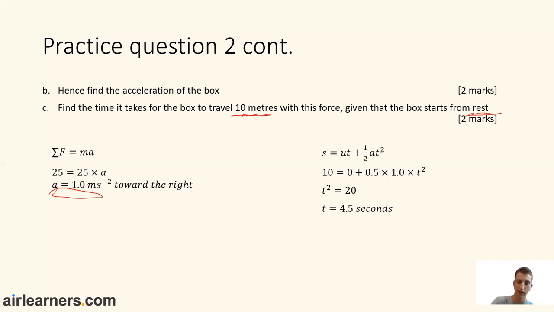Again, the significant figures means we can give 2. In terms of mark allocation, the first question you probably get 1 mark for these two steps here, and then 1 mark for the answer. And then for the second question, you probably get 1 mark again for these first 3, I suppose, and then another mark for your answer.